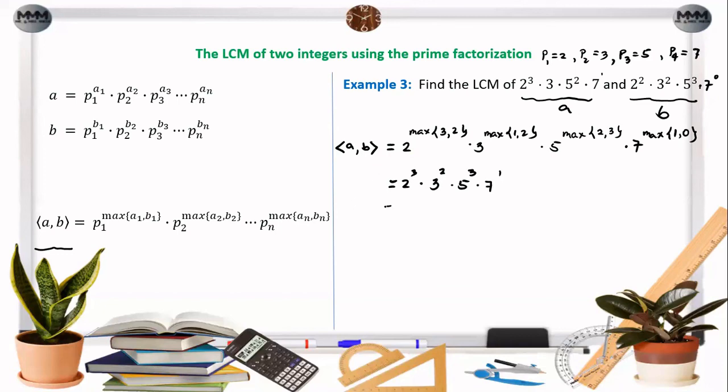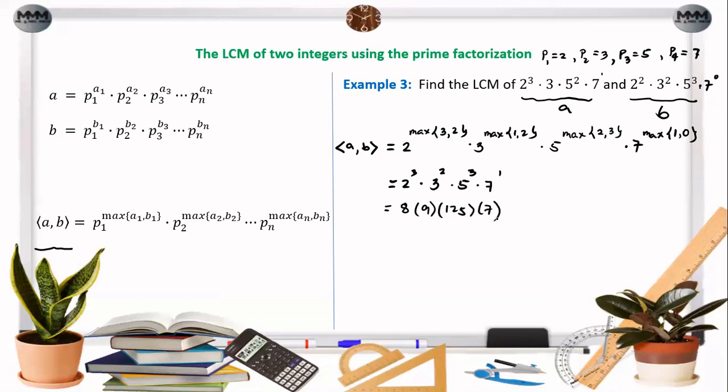Hence, this is 2 cubed is 8, times 3 squared is 9, times 5 cubed is 125, times 7.